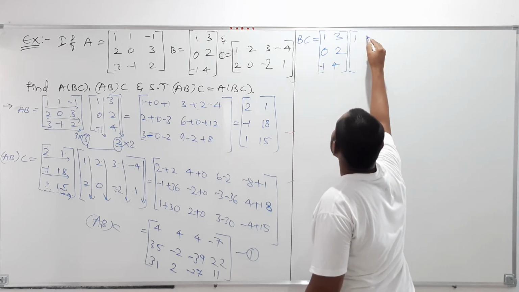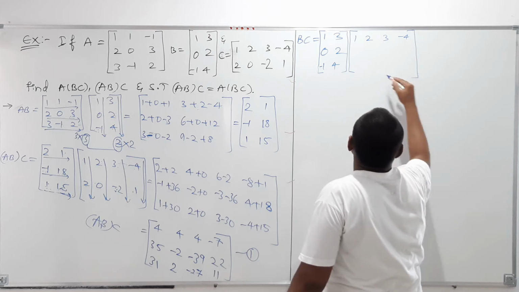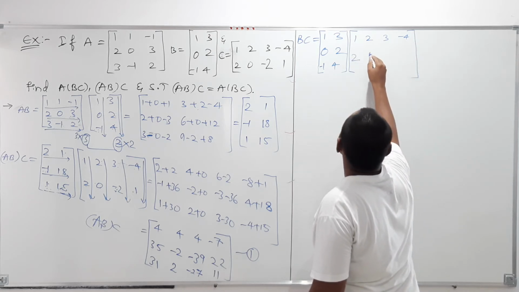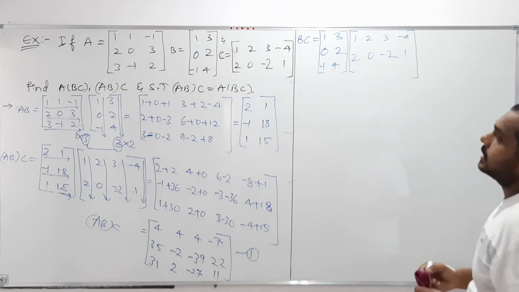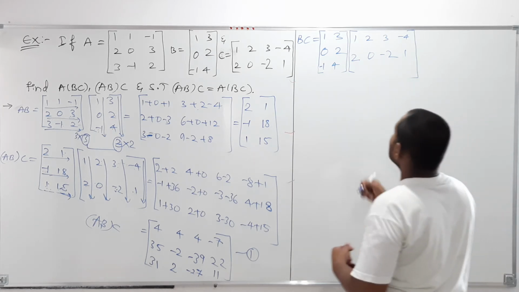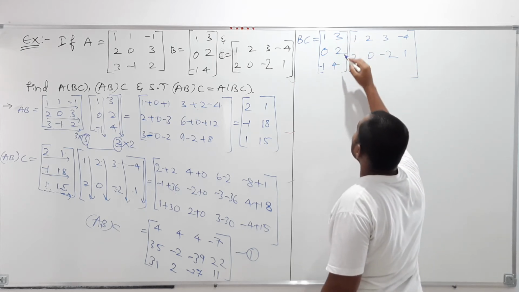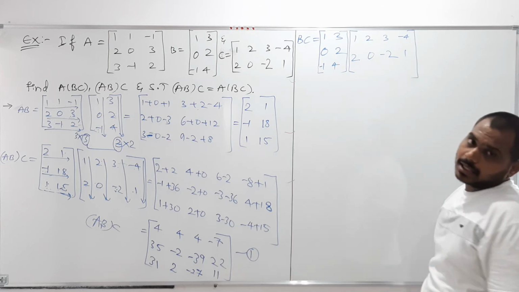C is 1, 2, 3, minus 4, and next 2, 0, minus 2, 1. So now, my dear students, multiply B and C. Here it is 1, 2, 2 columns are there; 2 rows are there. Then we can multiply BC.